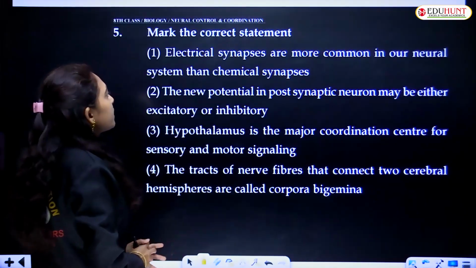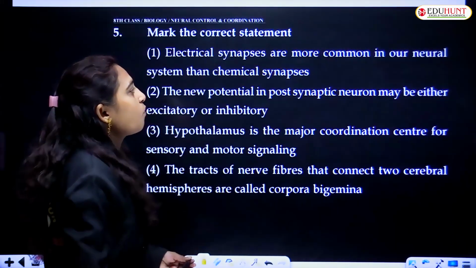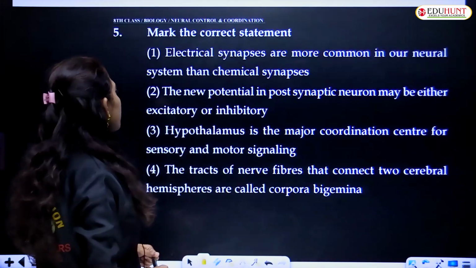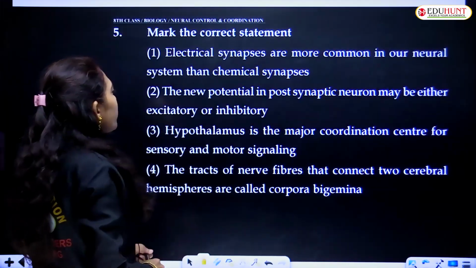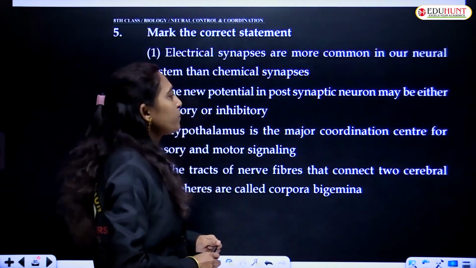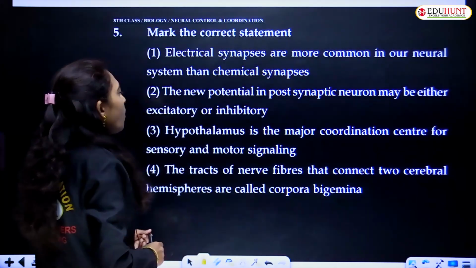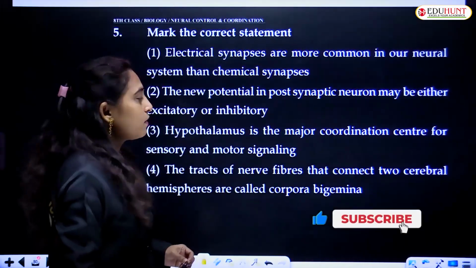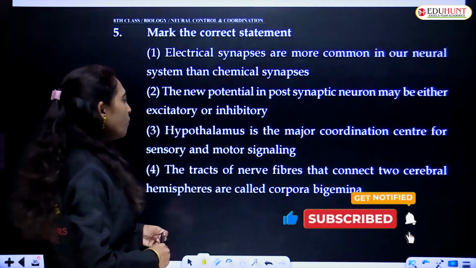Mark the correct statement. Electrical synapses are more common in the neural system than chemical synapses. The new potential in the postsynaptic neuron may be either excitatory or inhibitory. Hypothalamus is the major coordination center for sensory and motor signaling.